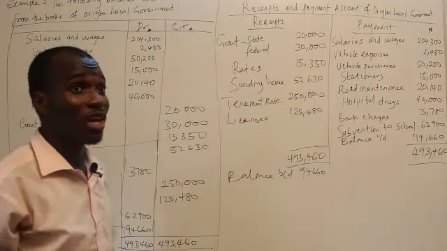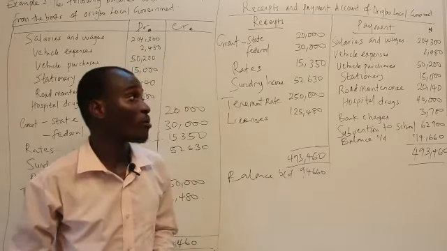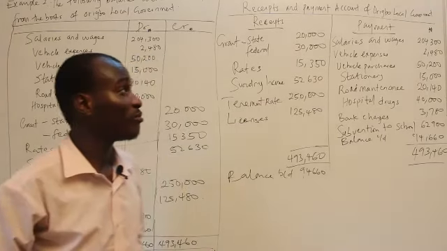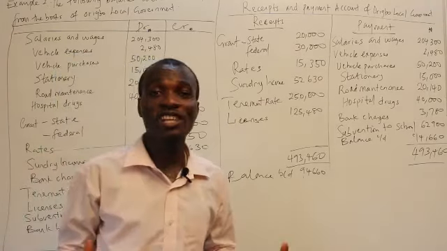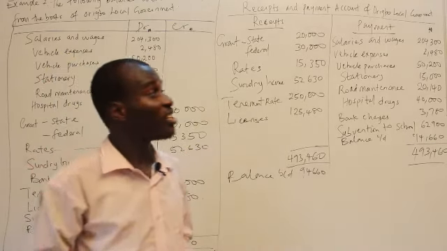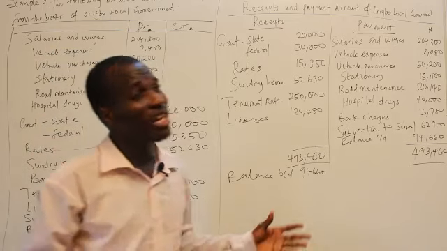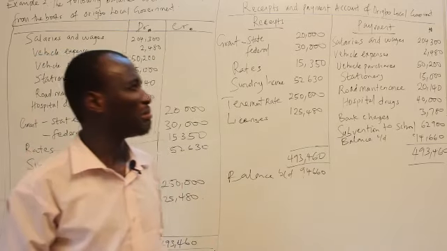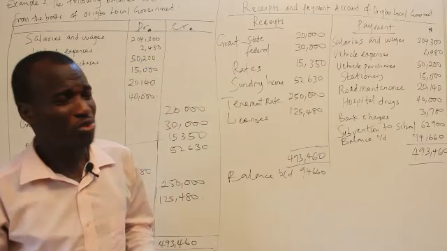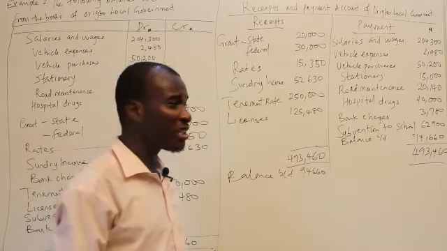We've done public sector accounting. We talked about the meaning of public sector accounting. We looked at the difference between public sector accounting and private sector accounting, that is government accounting, which we did on the board. Thereafter, we moved to the sources of revenue to the government, how the government generates revenue.